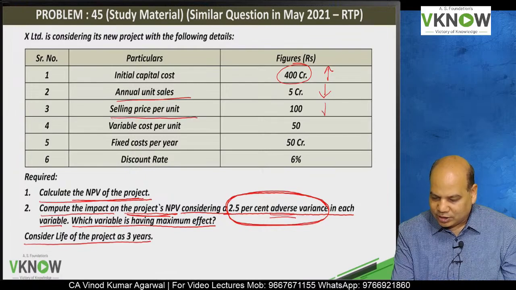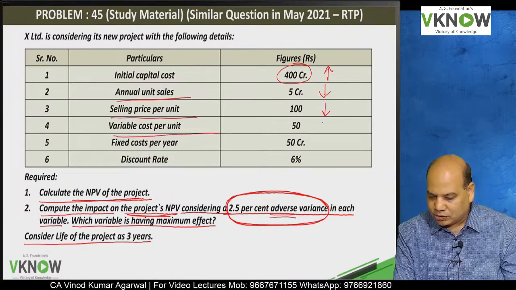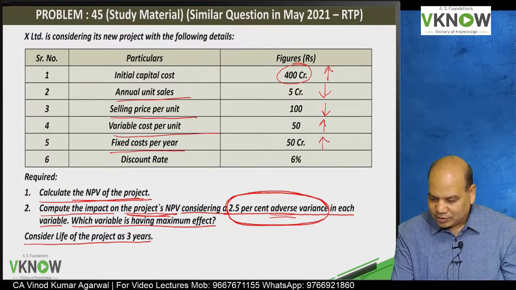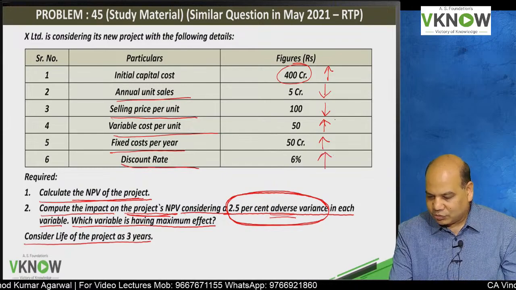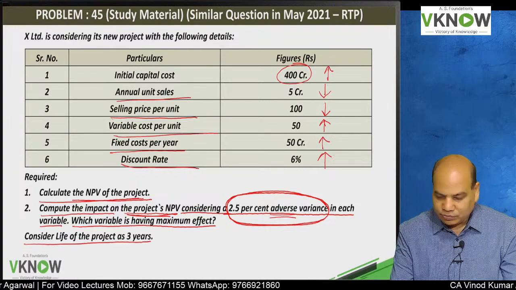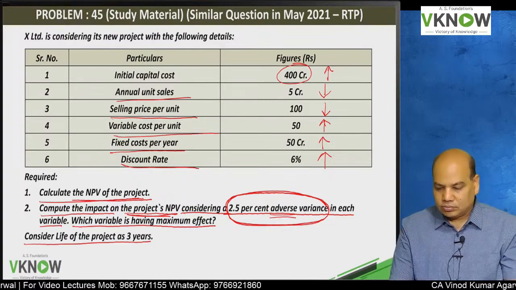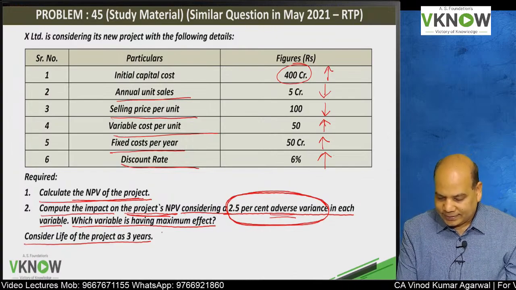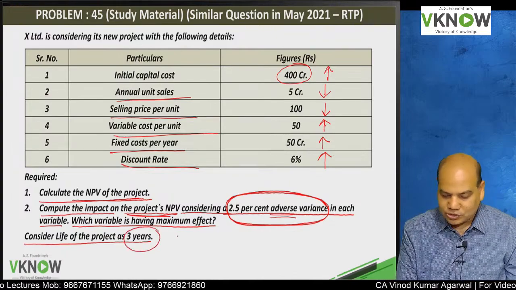Selling price may decrease, variable cost may increase, fixed cost may increase, and discount rate may increase. So if these variables change adversely like this, how will your answer change? Number of years we are going to keep constant at 3 years.